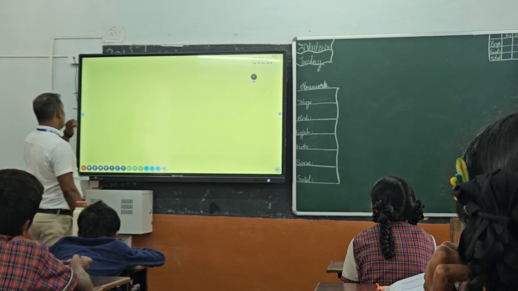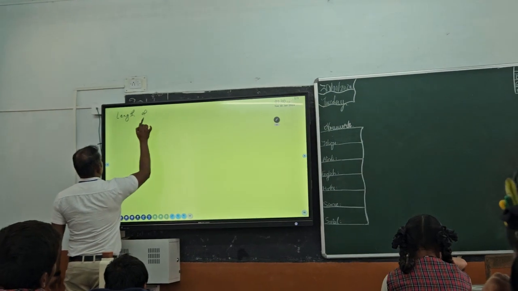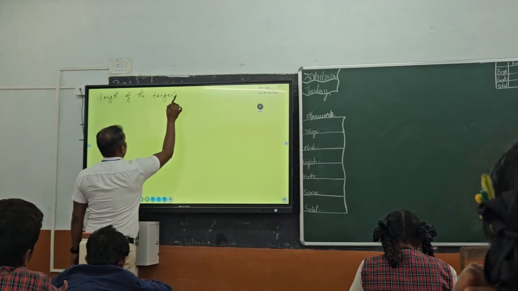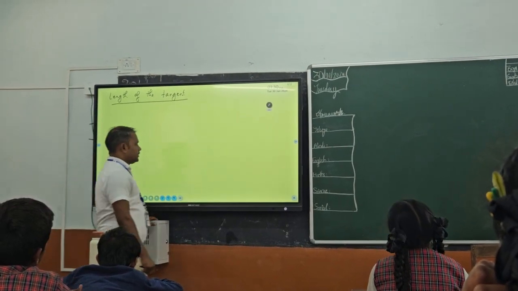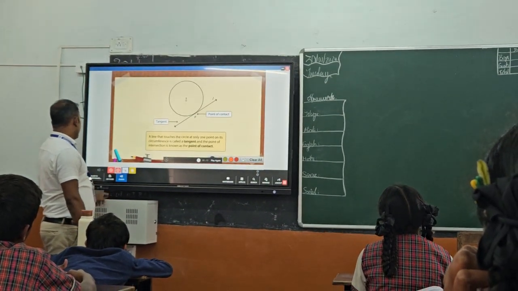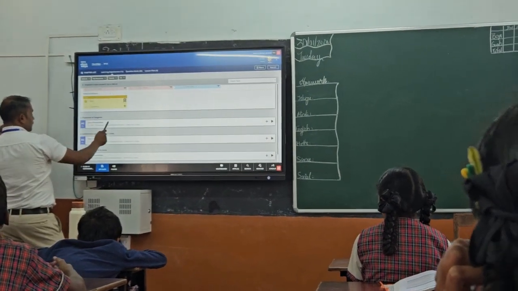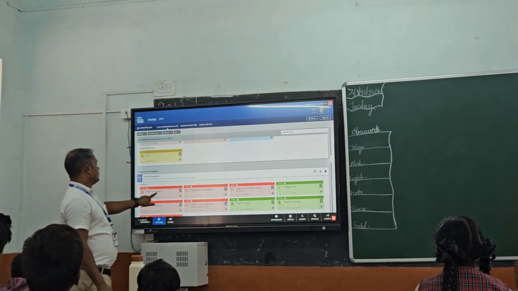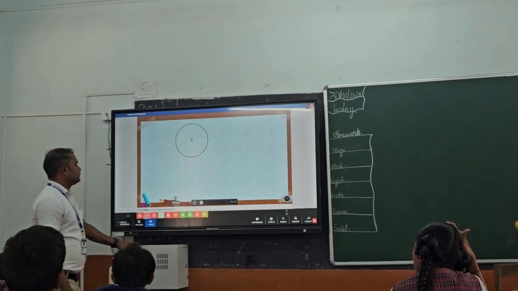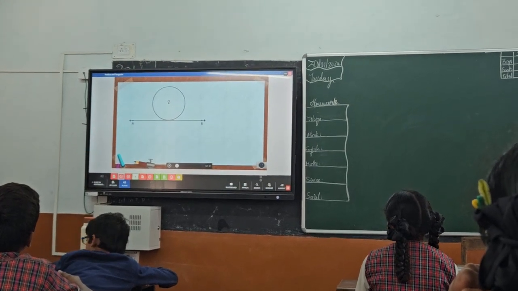Now we will see how to measure or find the length of the tangent. What is the length of the tangent? How to measure or find the length of the tangent? You know that a tangent is a line that intersects a circle at only one point.